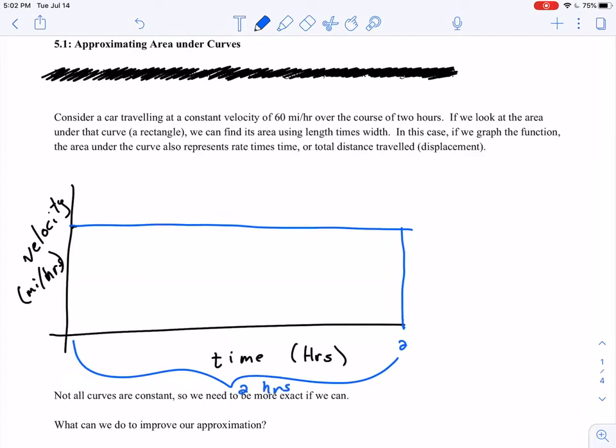And if I look at the velocity at the height over here in miles per hour, we said we were traveling at 60 miles per hour. So if I was to multiply these two together, 60 times 2, that would tell me two things. First of all, it would tell me how many miles I've traveled. It would tell me my total distance traveled, in this case, my displacement.